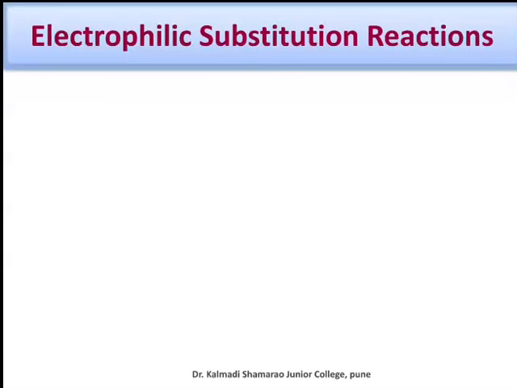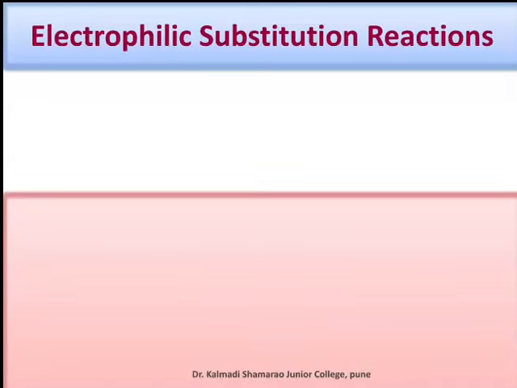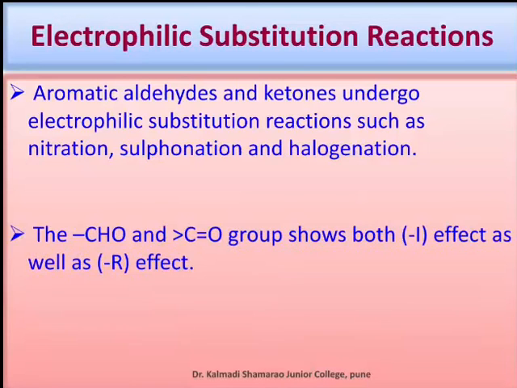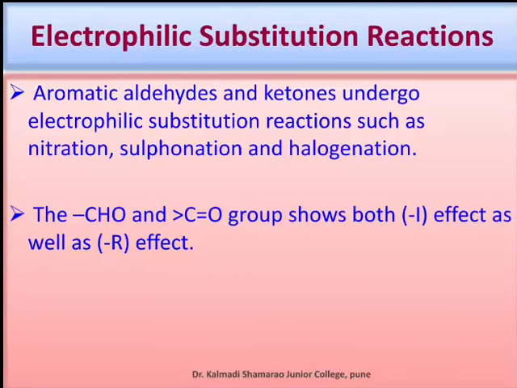Now let's talk about the electrophilic substitution reaction of aromatic aldehydes and ketones. Aromatic aldehydes and ketones undergo electrophilic substitution reactions such as nitration, sulfonation and halogenation. The CHO group and C=O group show both a minus I effect as well as a minus R effect.